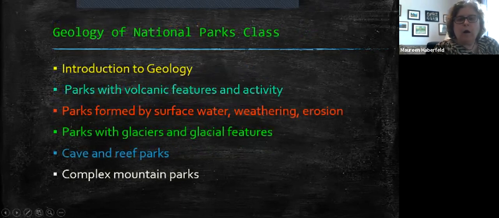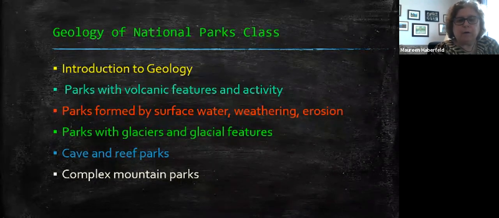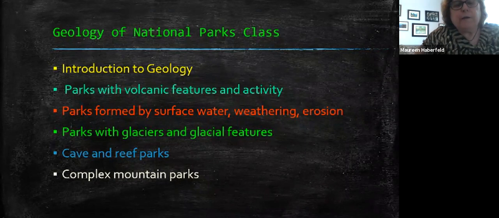This is the order of the classes in the National Parks class. This is the first class, which is just a basic introduction to geology where I refer to different parks that we're going to be talking about. The second part is parks with volcanic features and activity. Parks with surface water, weathering, and erosion.